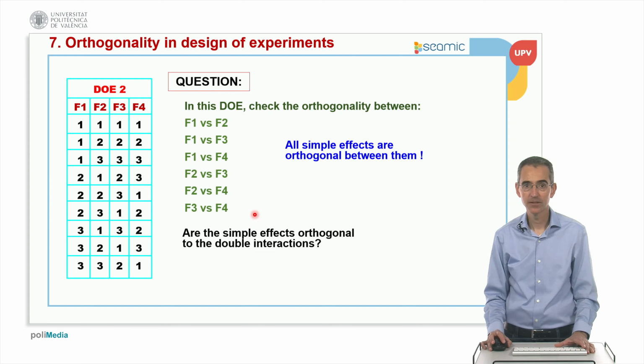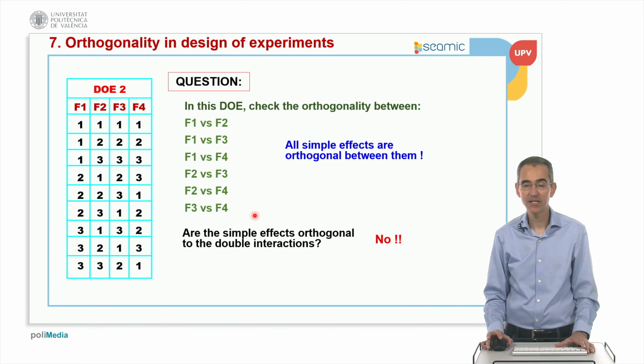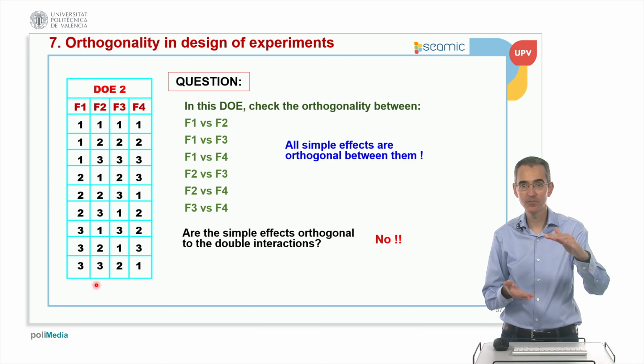But what happens with the simple effects and the double interactions? Are they orthogonal? Well, the answer is no. So I leave you this as an exercise. But remember that instead of the 81 trials of the complete design, we are just running 9, just a small part.